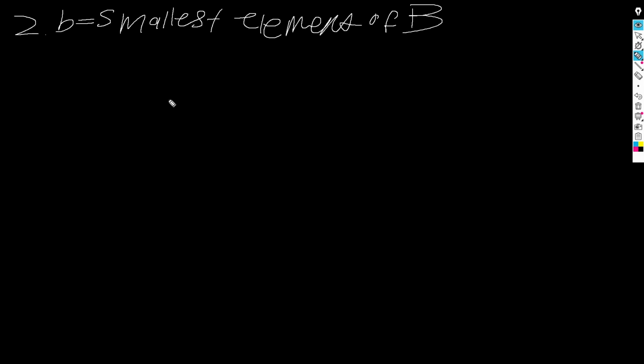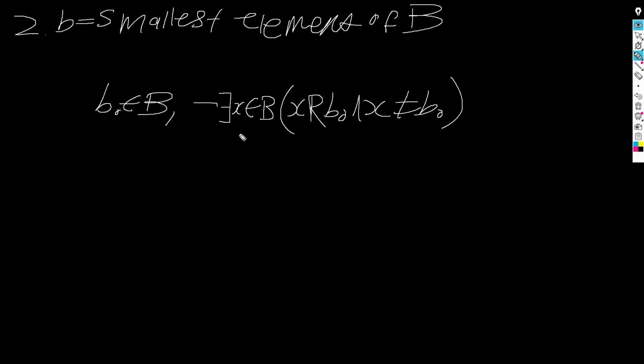Now to prove that E is the only minimal element, again we do contradiction, and we'll assume that there is some B0 in B such that there does not exist an x in B such that x is R related to B0 and x is not B0.